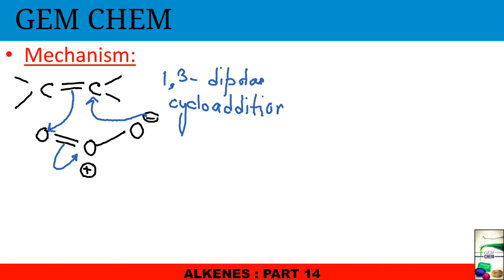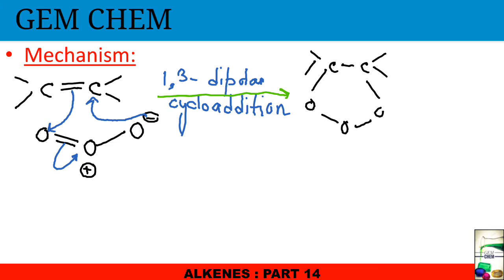This will result in the formation of molozonide. So here if you see, it will be like this: carbon, carbon, here are our two bonds, then here oxygen, oxygen and oxygen. Now it will get cleaved. This particular compound is known as molozonide.